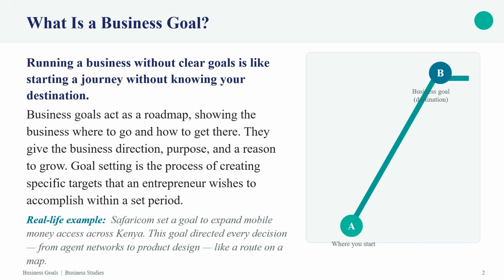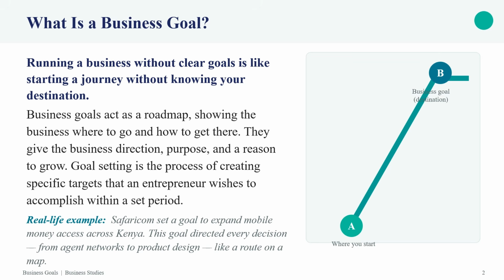Now, if someone asks you what goal setting is, goal setting is the process of creating specific targets. An entrepreneur is someone who manages his own business and creates profit from it, and attempts to get that result.